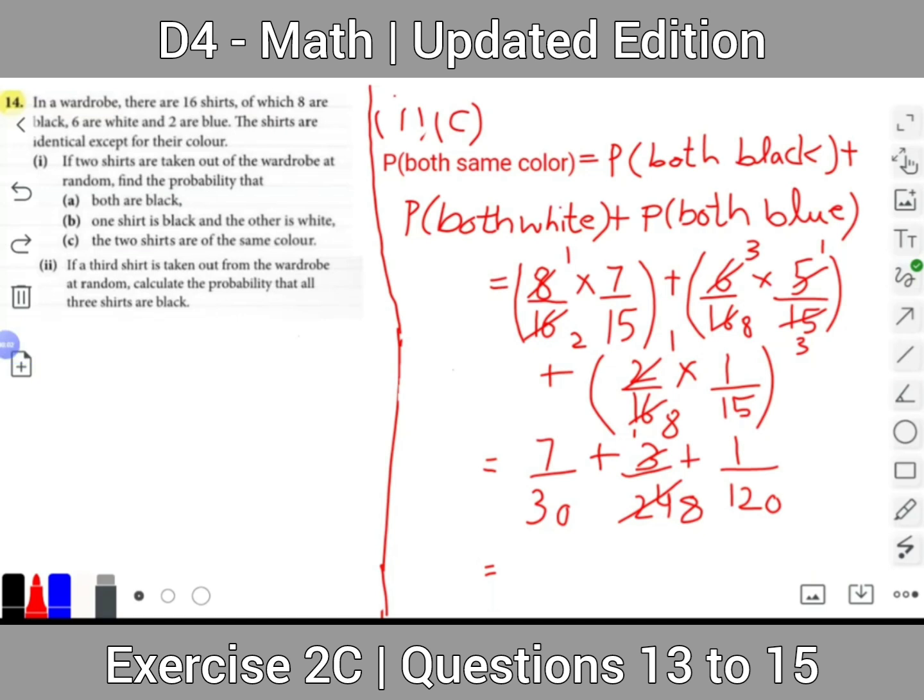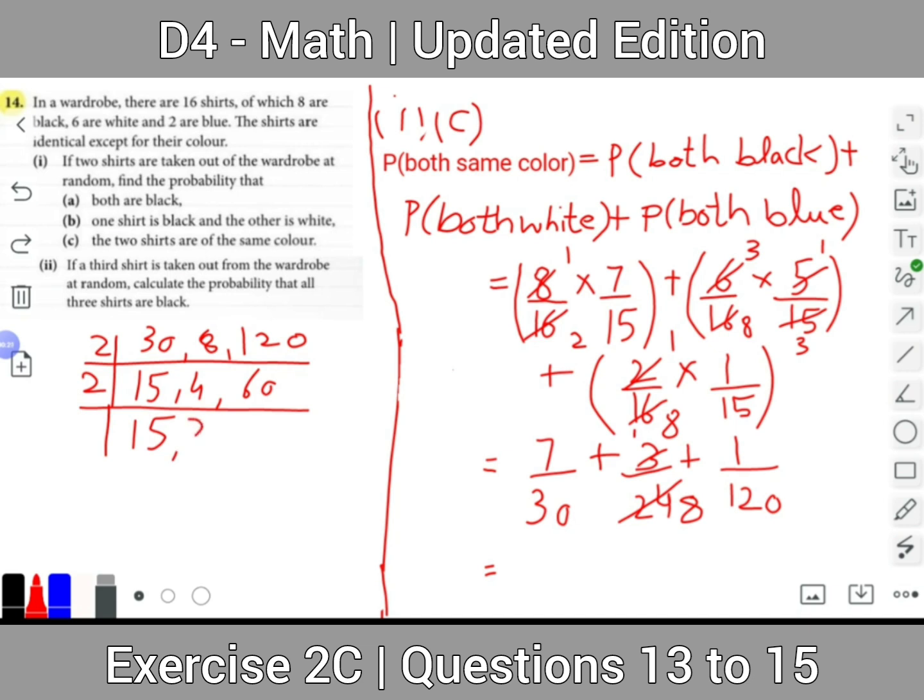Now after simplification we have got 7 over 30 plus 1 over 8 plus 1 over 20. So we will take the LCM of 30, 8 and 20. 2 ones are 2 and 2 5s are 10 and 2 4s are 8. 2 6s are 12, 2 2s are 4 and 2 3s are 6, and now we have 3. So here we have 3 5s are 15 and 3 10s are 30.